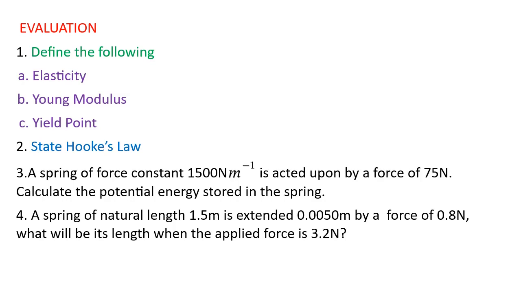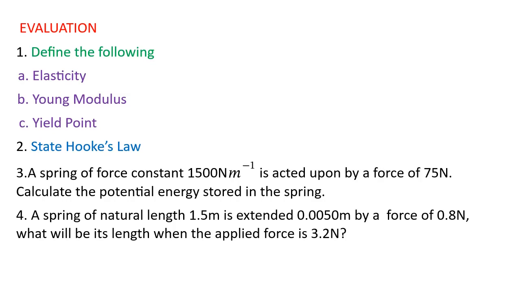The potential energy is still the same as the energy stored, and it's also the same as the work done. Number 4. A spring of natural length 1.5 meter is extended 0.0050 meter by a force of 0.8 Newton.